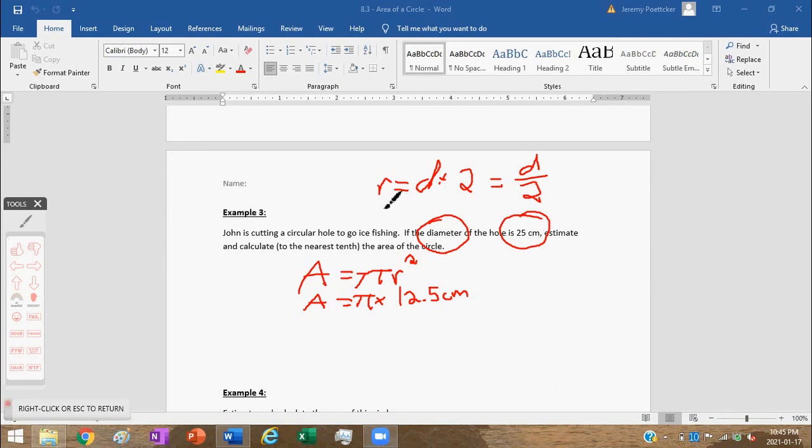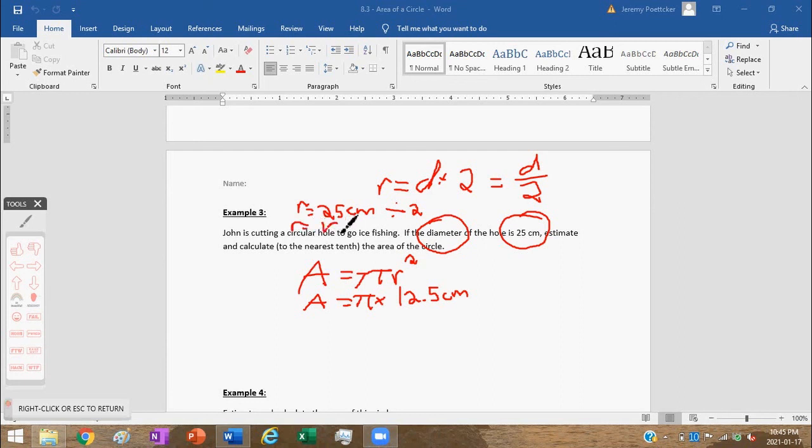So I can use this little formula here if I want to, right? Radius equals 25 divided by 2. Or I can just do that. In this case, it's one I do know and can do in my head, and most of you can as well. But if you want, radius equals 25 centimeters divided by 2.